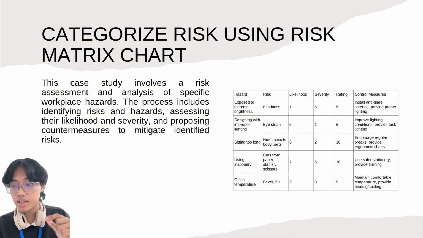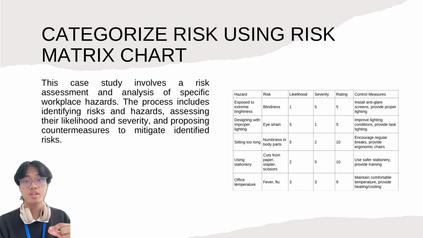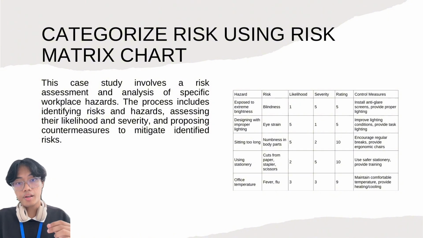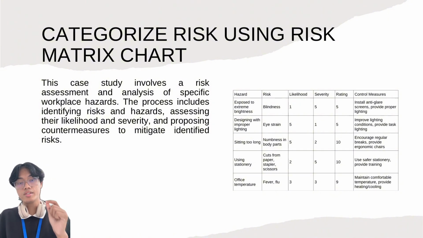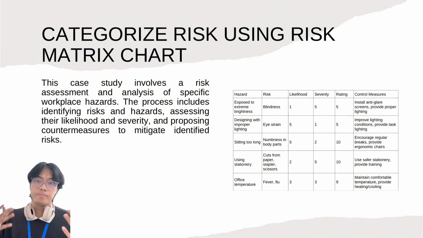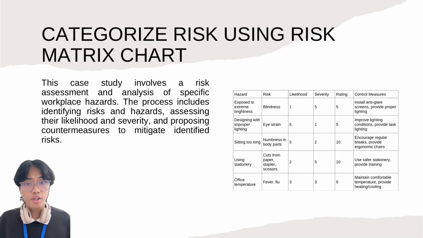However, since the likelihood for this to happen is high, I decided to give a 10 rating based on the risk matrix chart that I have calculated. To improve this, HR can provide ergonomic chairs or implement regular breaks every 2 or 3 hours to reduce the likelihood of this risk happening again.